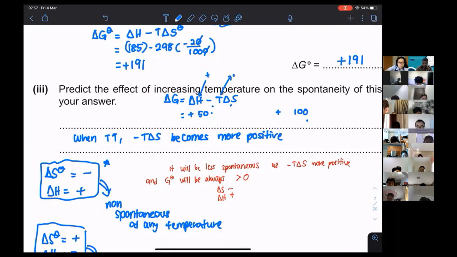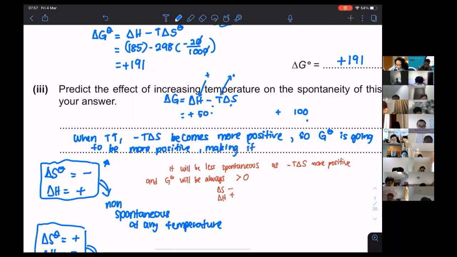So the Gibbs free energy is going to be more positive, making it less spontaneous. This one I'm answering based on the marking key.